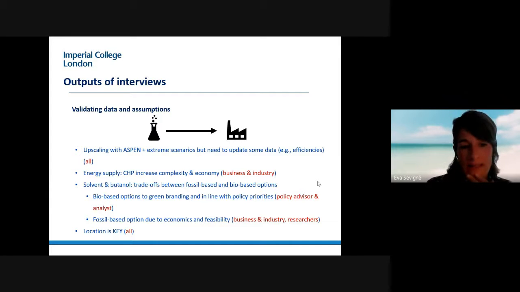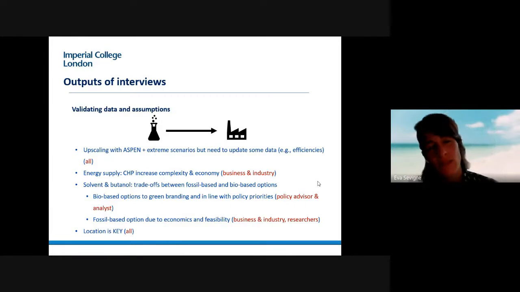We also discussed the use of solvent and butanol during the process, and originally we were planning to use solvent and butanol from fossil fuels. And we were interested to understand to what extent we needed to tell our partners that they need to evaluate or test the possibility to incorporate bio-based options, both for the solvent and the butanol.